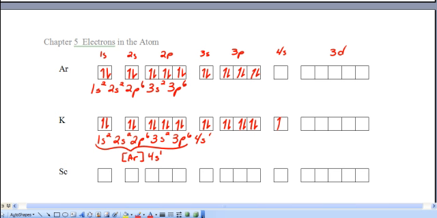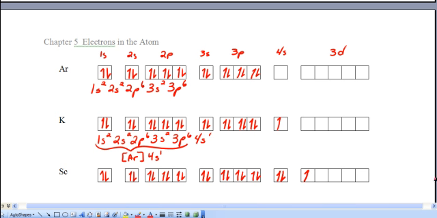Now scandium, we're going to move over two atoms now to element number 21. Scandium has 21 electrons, and you're going to go 1, 2, 3, 4, 5, 6, 7, 8, 9, 10, 11, 12, 13, 14, 15, 16, 17, 18, 19, 20, and now you start filling that d orbital in the electron configuration.